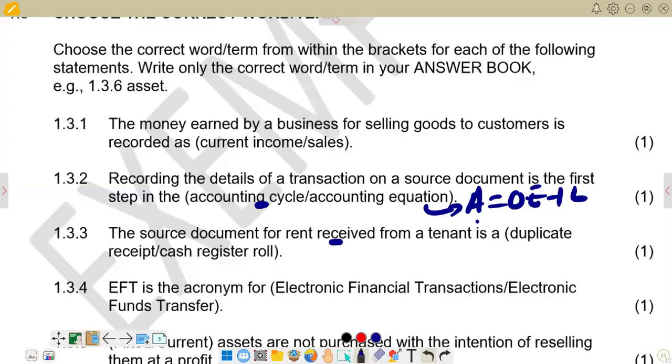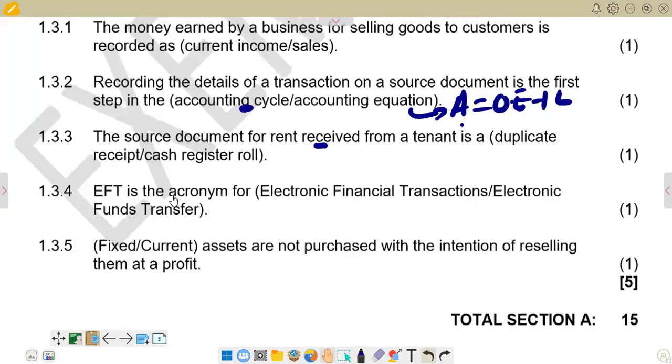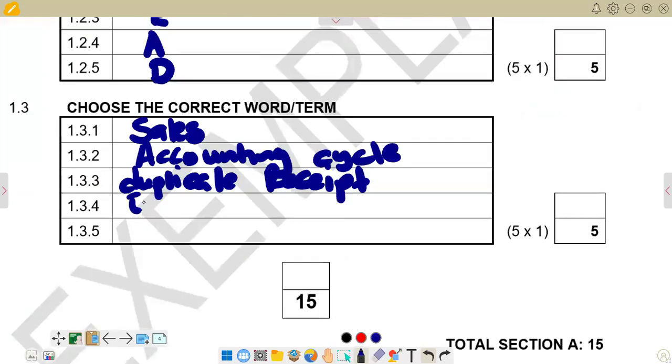Now, 1.3.4, you see that it reads EFT is the acronym for, and we know that it refers to electronic funds transfer. So we have got our electronic funds transfer as the correct answer. So 1.3.4, we've got our electronic funds transfer.